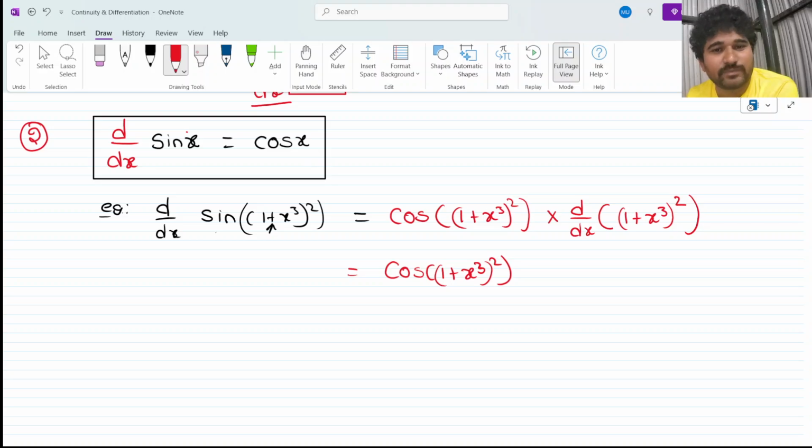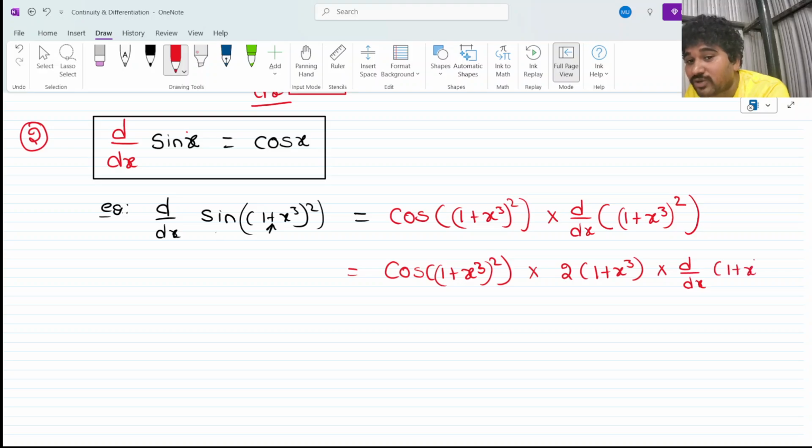Don't change that. Into differentiation of something square. What is the differentiation of something square? 2 into that something, into d by dx of that something you have to indicate. Are you clear with that?